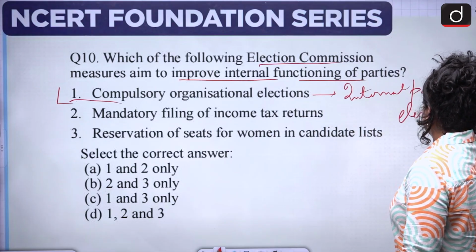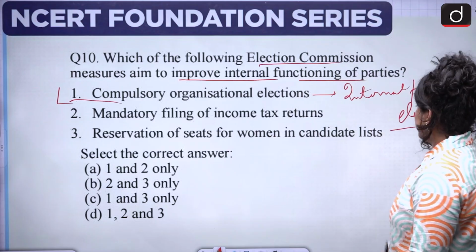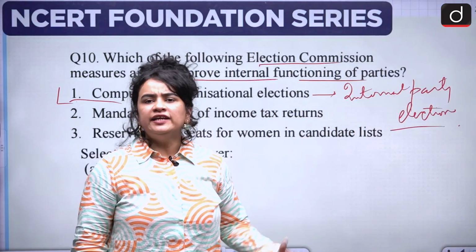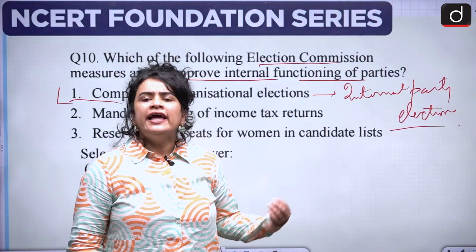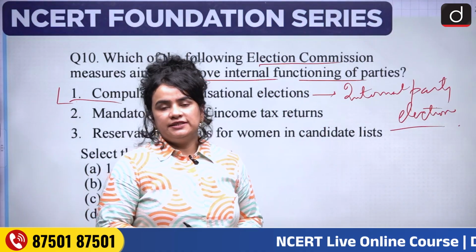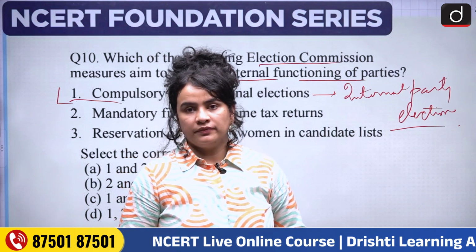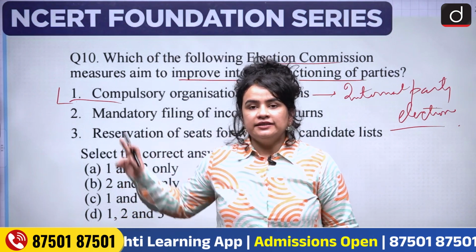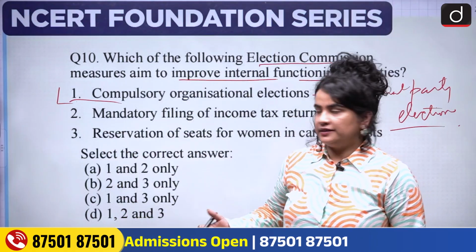The Election Commission mandates that the parties should also conduct elections for various posts like presidents or any other office bearers. And one person cannot become the president for a lifetime without being a part of any elections, right? This is to promote internal party democracy.